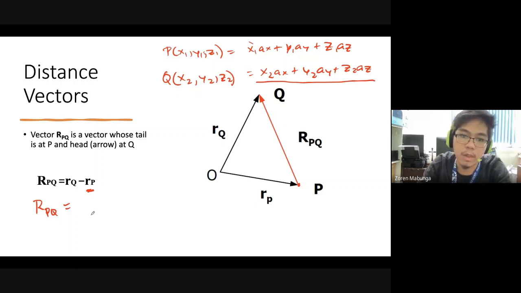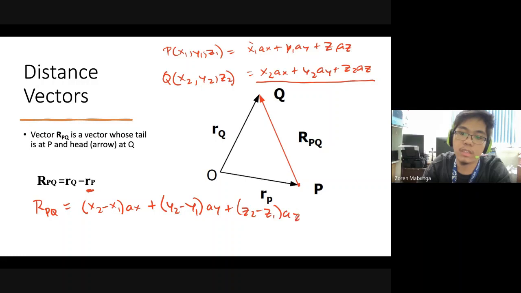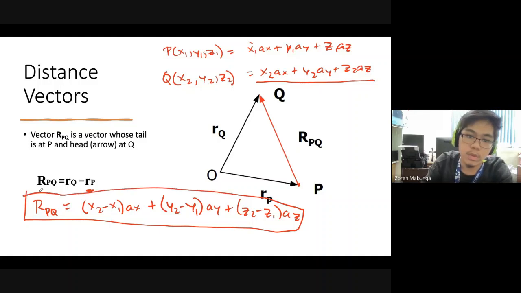So, magiging value mo ngayon will be x2 minus x1 ax plus y2 minus y1 ay plus z2 minus z1 az. So this will be your distance vector from P to Q. So wag kayong malilito kasi una dito P tapos Q, pero pag nag-minus ka na, uunahin mo yung Q. Ang ima-minus mo sa kanya yung P.